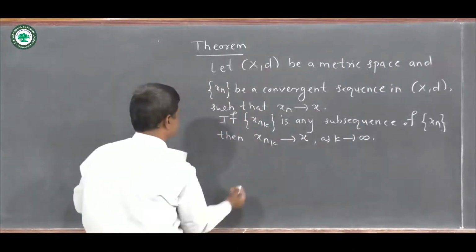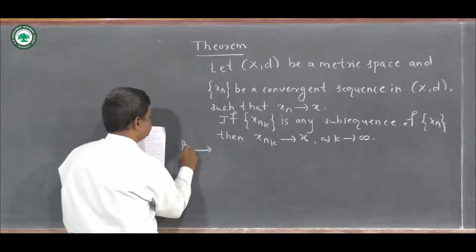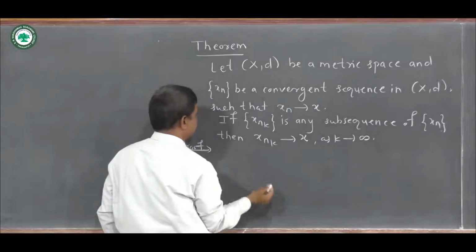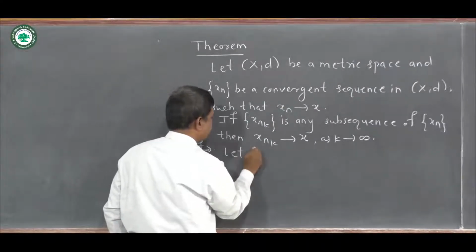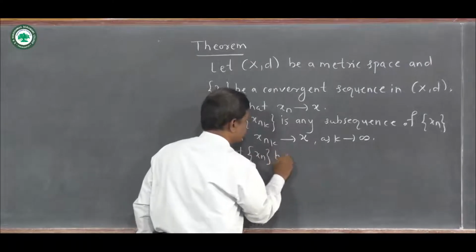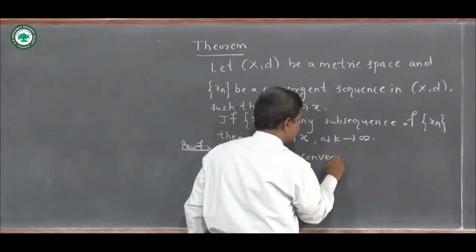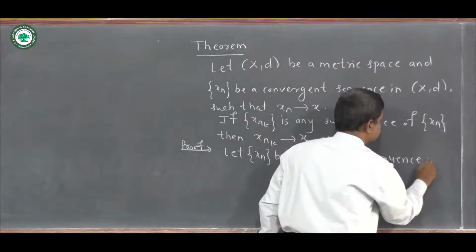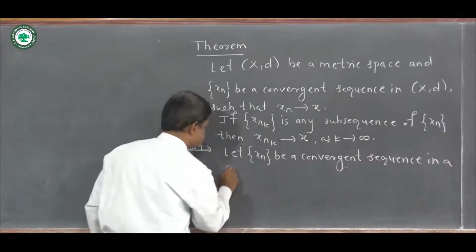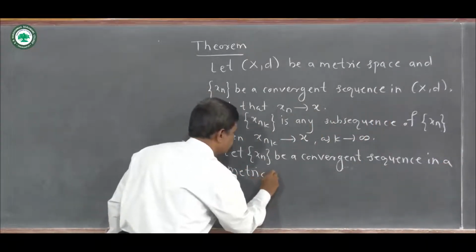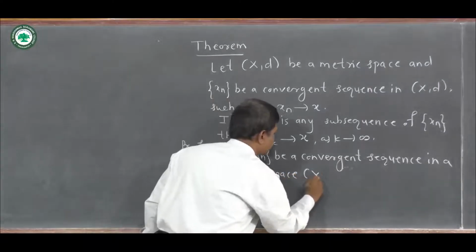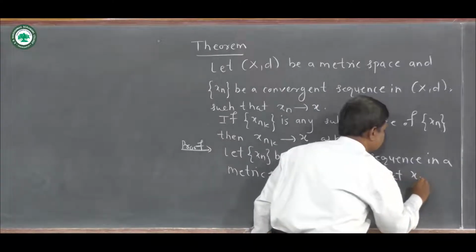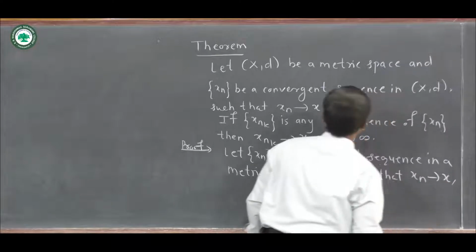Now the proof of this theorem is this. Proof. Here this is the convergent sequence. So we write, let xn be a convergent sequence in a metric space (X, d) such that xn converges to x as n tends to infinity.